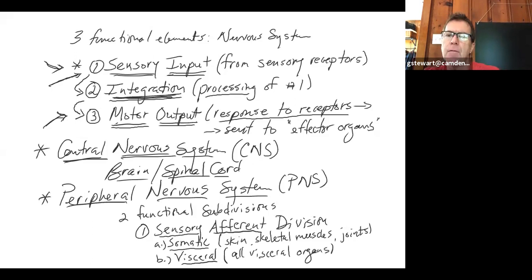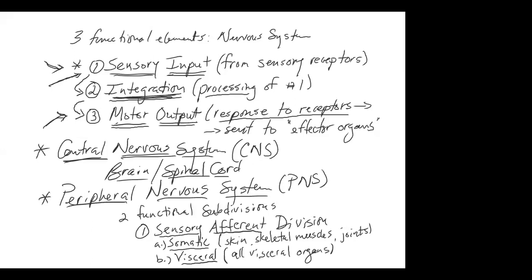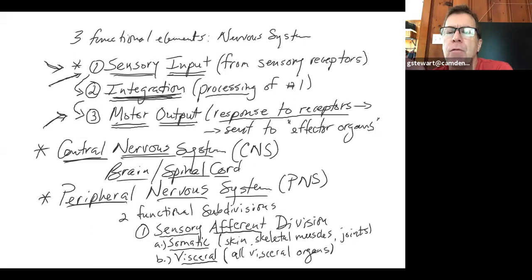So before I leave this page, before I layer over this, I just want to review real quickly. These are functional divisions of the entire nervous system. This just defines anatomically what the central nervous system is.